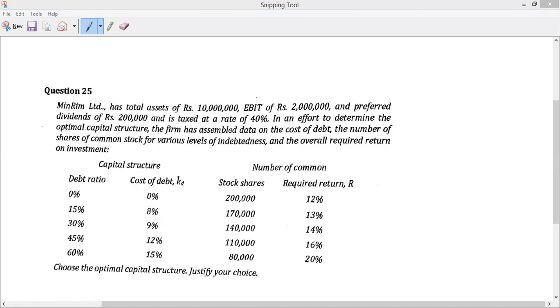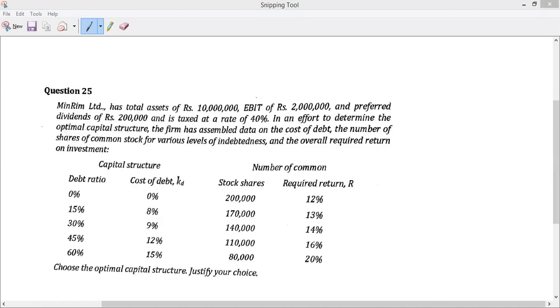Now after that, EBT is 88% of 15 lakhs, which is 1.2 lakhs. This is interest, not EBT. Yeah, you're calculating interest. Then deducting interest from EBIT, not debt, EBIT.